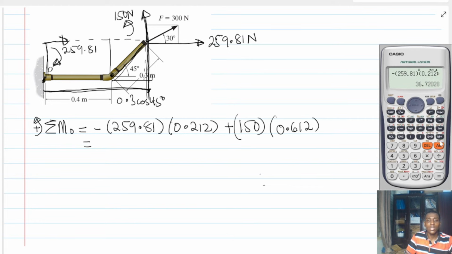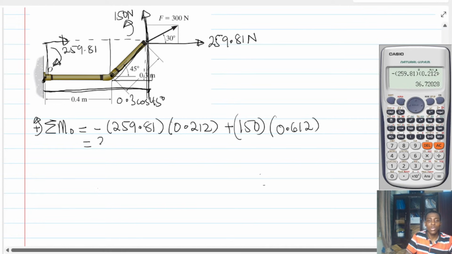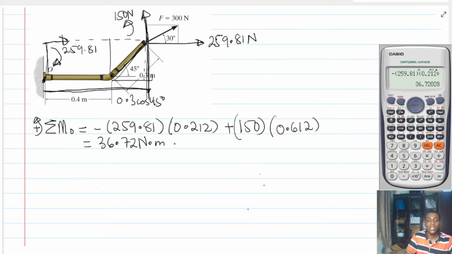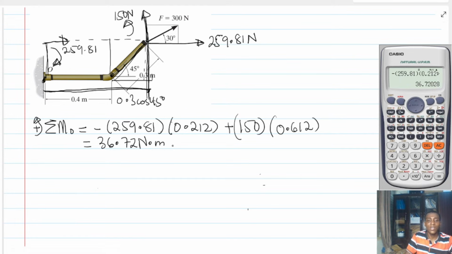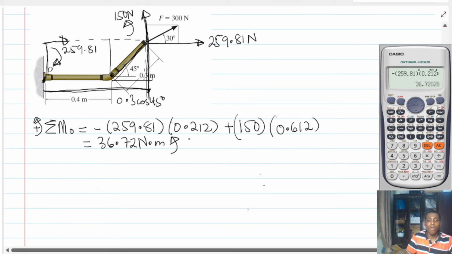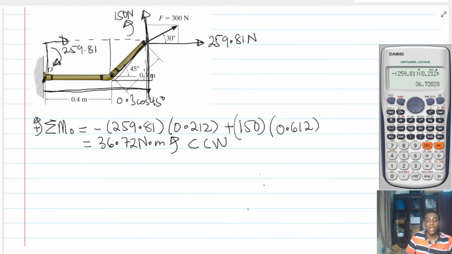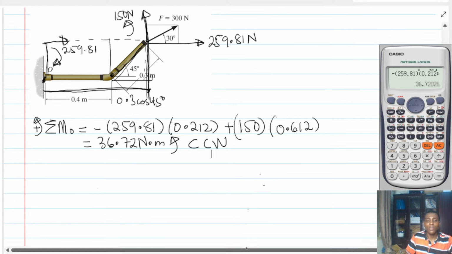What is that? 36.72 Newton meter. So this is positive, and therefore it is what? Counterclockwise. So you can either write this or counterclockwise. All right. So we've been able to solve this problem. Let's look at the next problem.